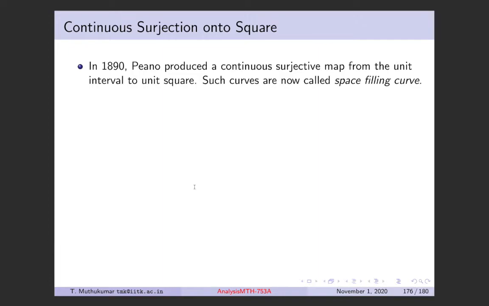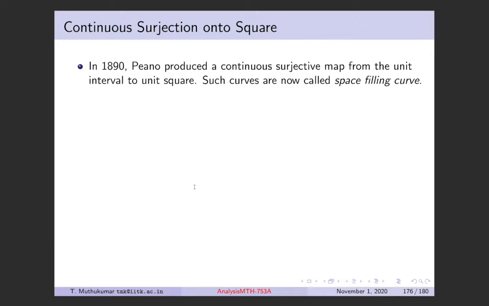When you think of the square as a two-dimensional object, and you say there is a continuous map from an interval, it basically means the image is a curve in R2.